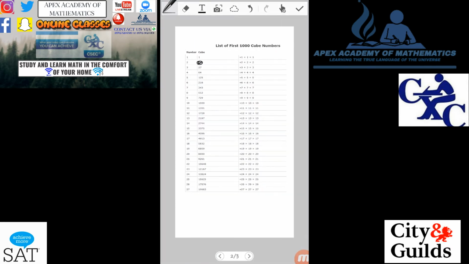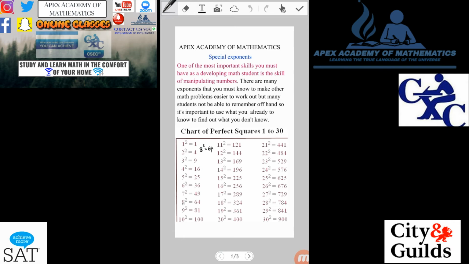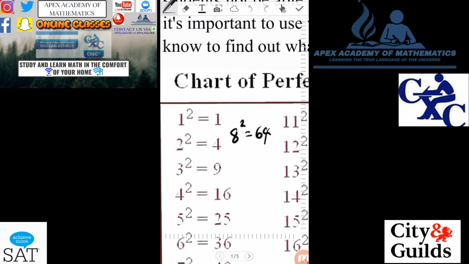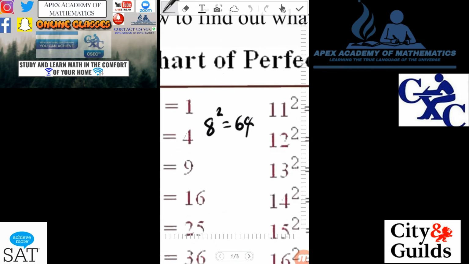So the base 8 over here is actually a cube number. So we could convert this 8 here into 2 multiplied by 2 multiplied by 2, and we're going to of course square it, because 2 times 2 times 2 is 8, and 8 was squared. So here 8 squared is still the same thing, so this is still equal to 64.